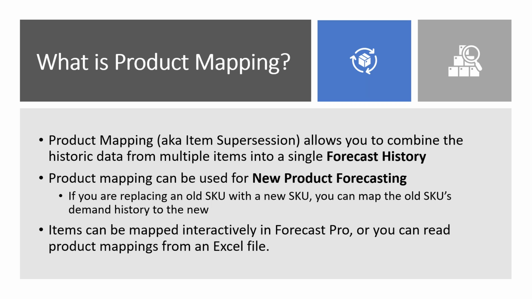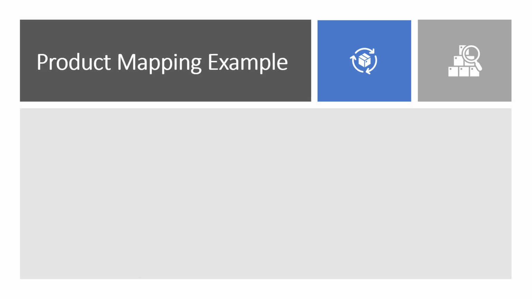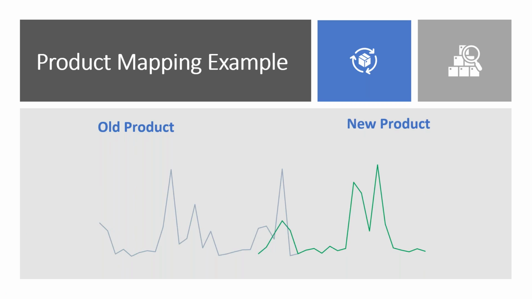So before we take a look in the product, we're just going to walk through a quick example of exactly how we're generating these forecast histories. Again, we have an old product with demand history, and we have a new product, for which we may have some demand history as well. What we're going to do is sum these two demand histories into the forecast history.